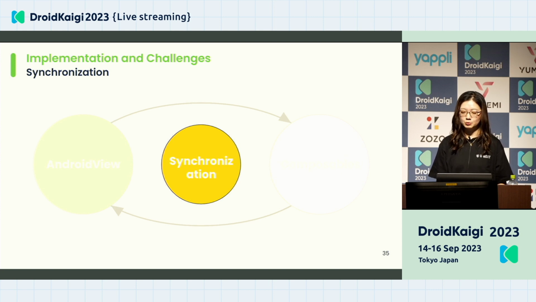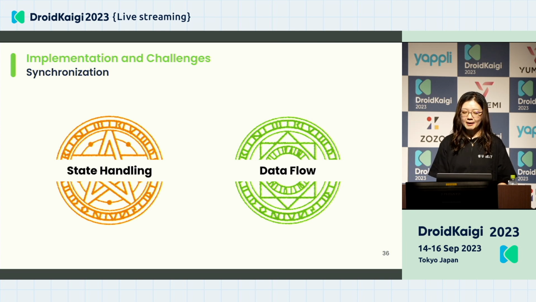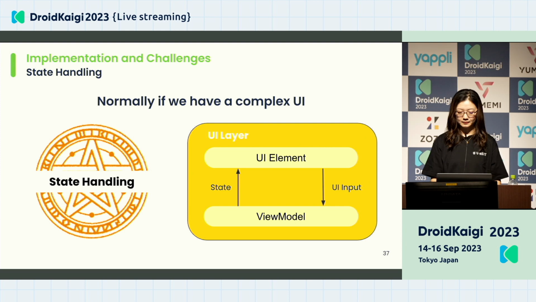Now let's come into the synchronization process between the AndroidView and other composables. To accomplish this, we need to master two essential skills: effective state handling and seamless data flow. First, let's think back to the scenario where we have a complex UI. We usually have a structure including a view model, like the one shown on the slide, handling state for the UI elements.